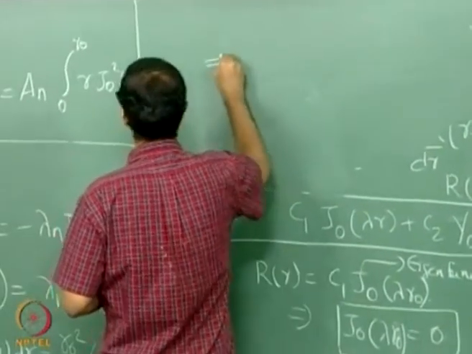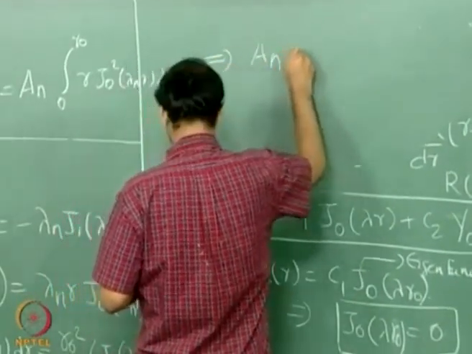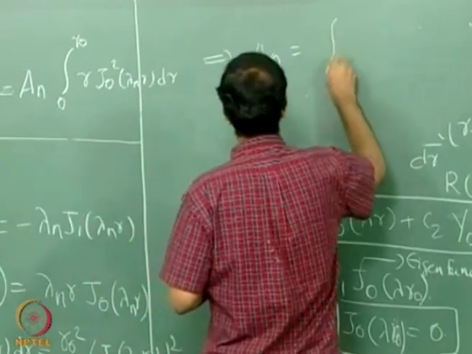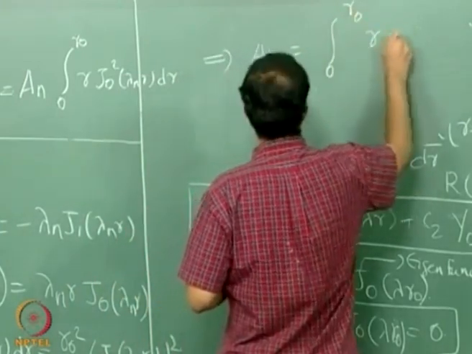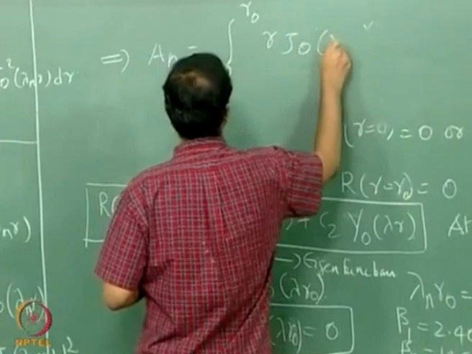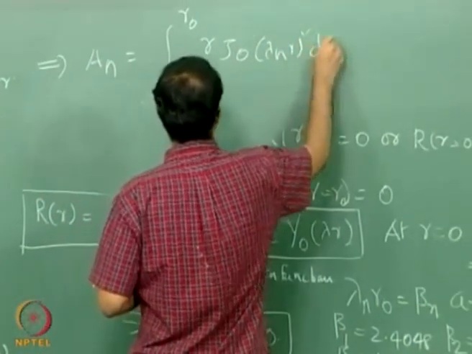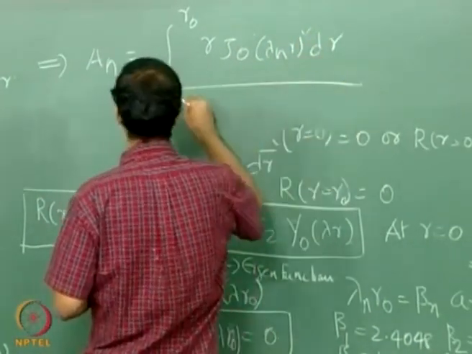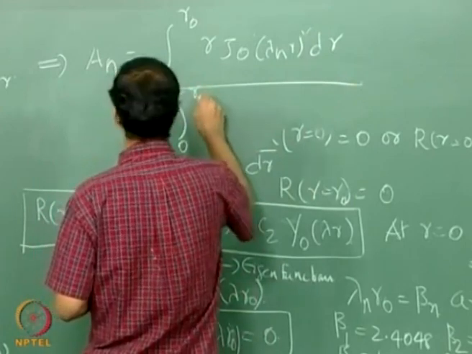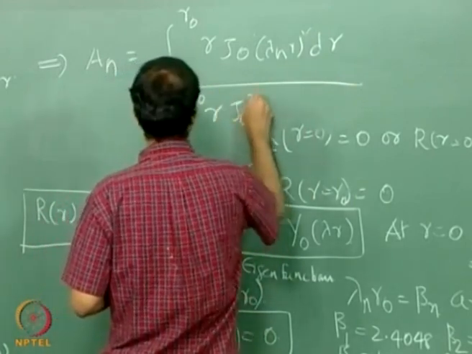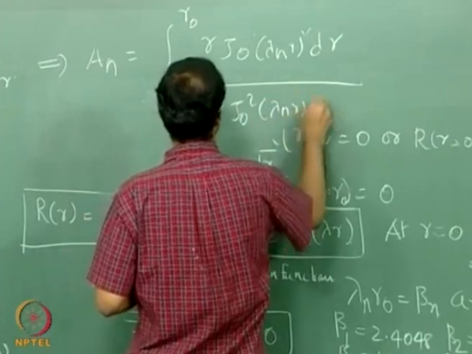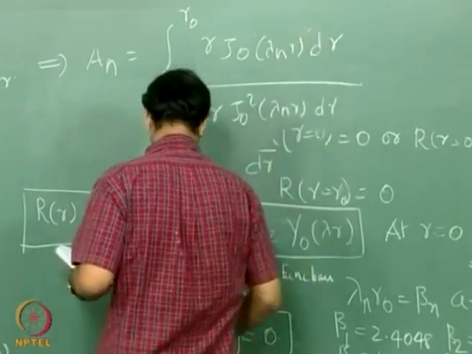So this gives a n as 0 to r naught j naught lambda n r dr divided by 0 to r naught r j naught square lambda n r dr. Okay.